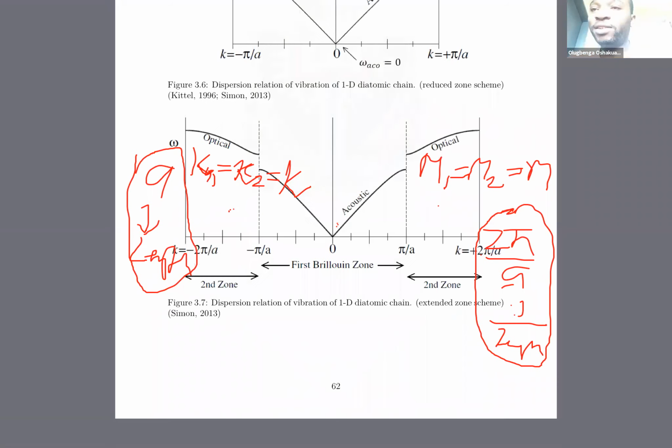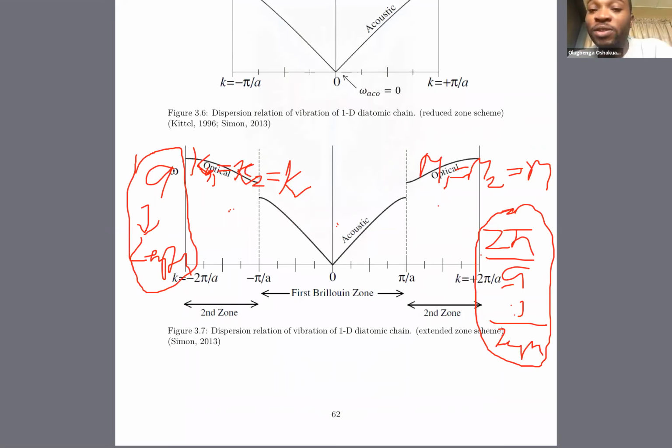And we have the same equation, so figure 6 and figure 7 are telling us the same thing. In figure 7, minus pi over a to pi over a is a Brillouin zone, while from minus 2 pi over a to plus 2 pi over a is also a Brillouin zone.